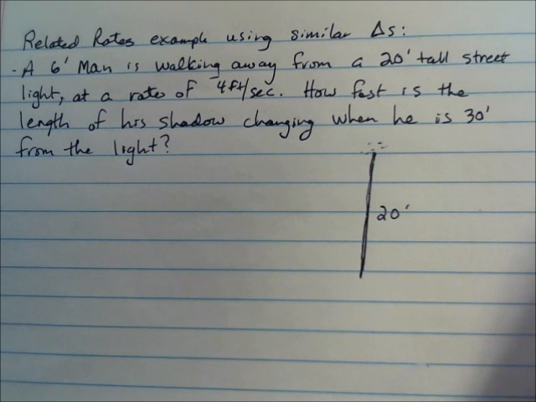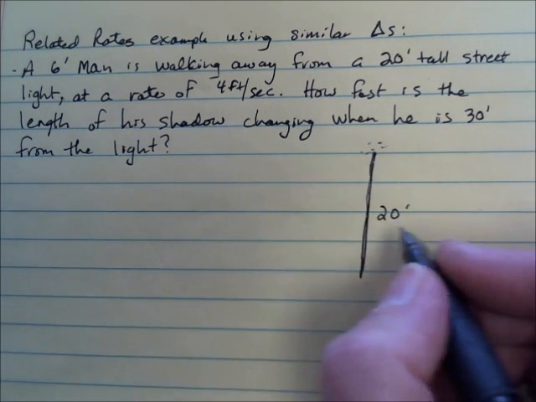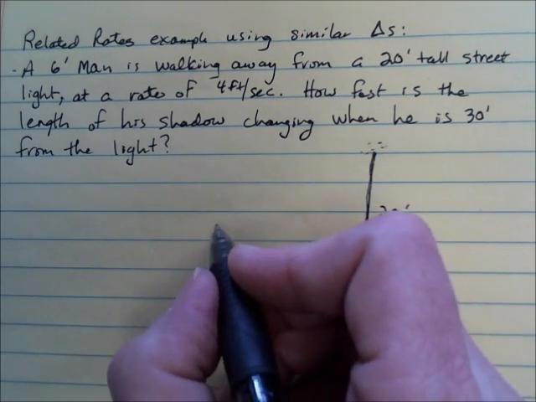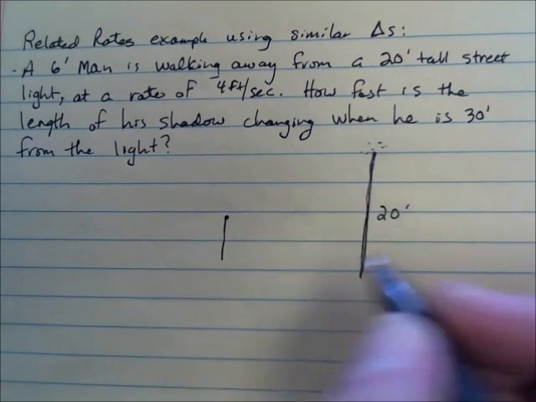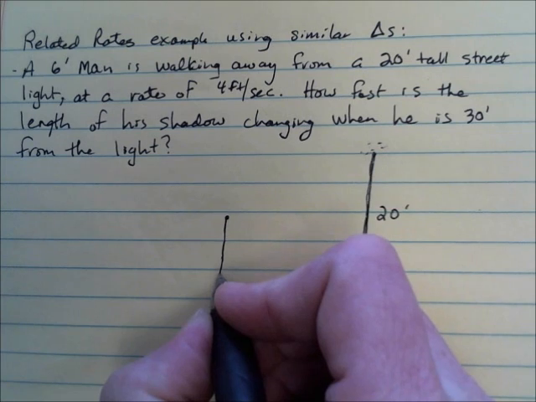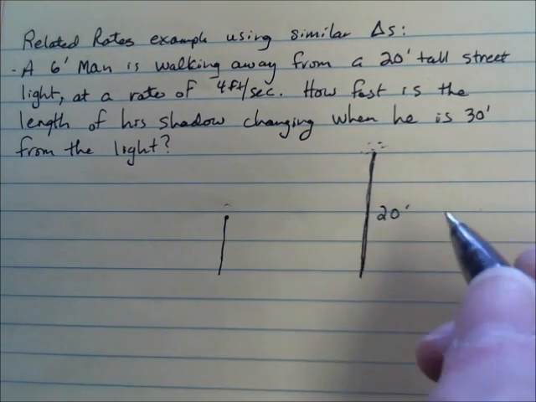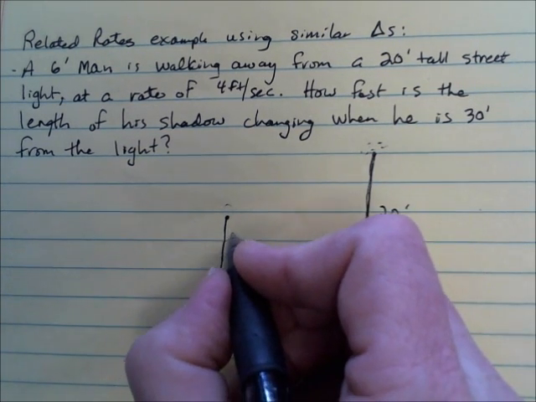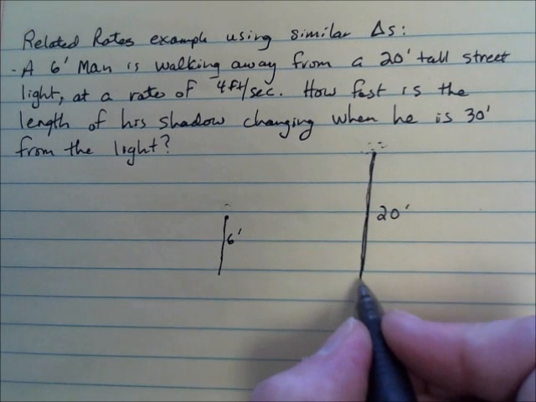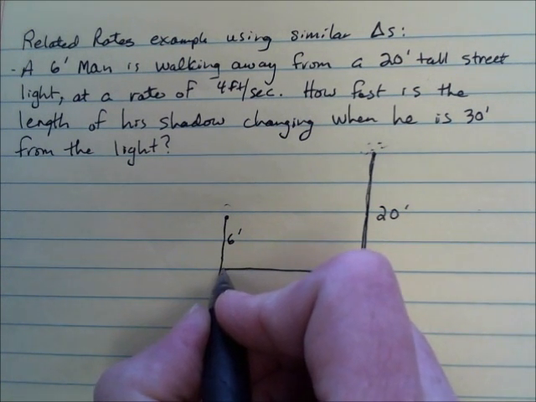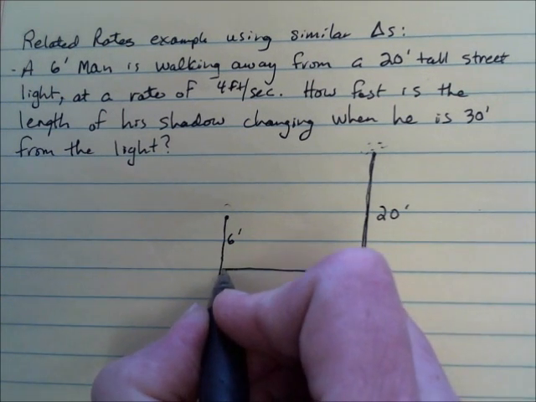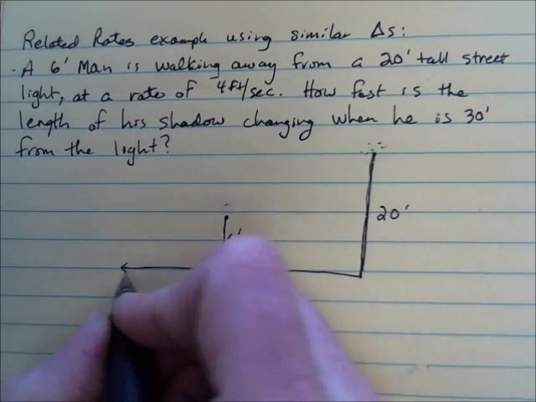All right, so the man is walking away from this street light. So this man is 6 feet tall. So here's the man, and he's walking on the ground. We can put a little head on him. Anyways, he is 6 feet tall. And here's the ground. And he's walking away from the light post, so he's walking in this direction here.